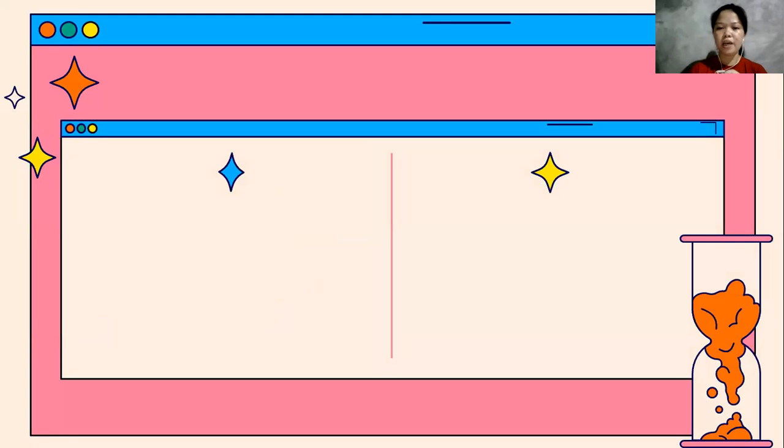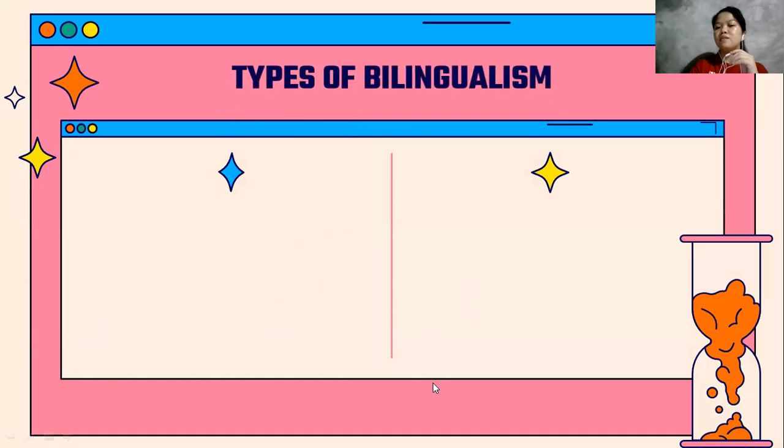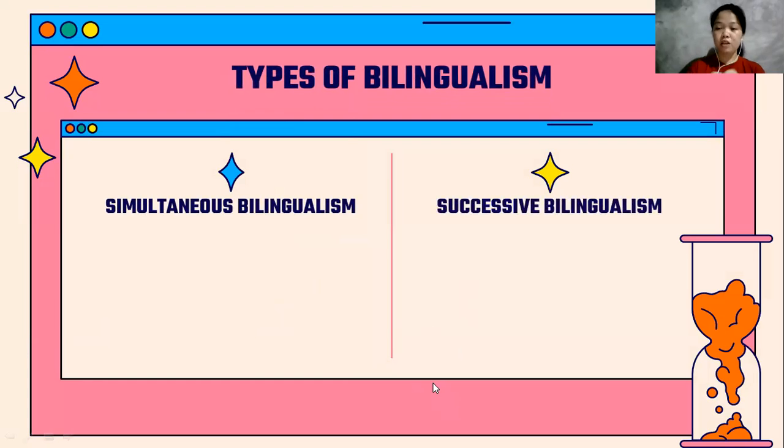Now, how does bilingualism happen, or when do we consider that this person is a bilingual? We have two major types of bilingualism that will eventually explain how we can consider a person a bilingual. So first we have simultaneous bilingualism.